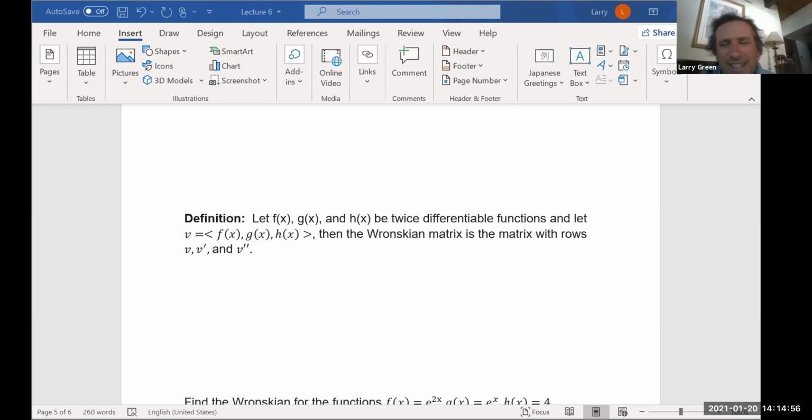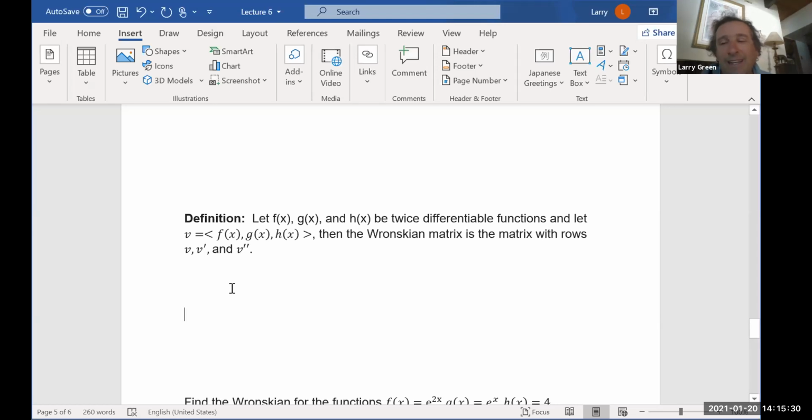Okay, this is going to be a little tough for me, and that is, it's hard to convince you that this is important. But I promise you that if you can't do this next quarter, you're going to get at least one problem wrong on an exam. Because you're going to be using the Wronskian to decide whether you have a full solution of a differential equation.